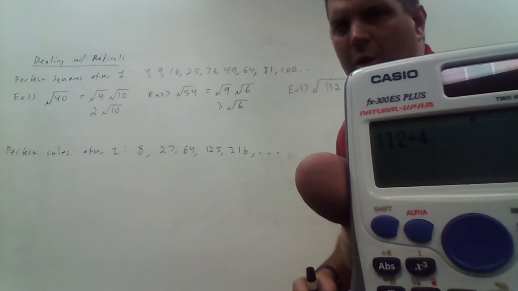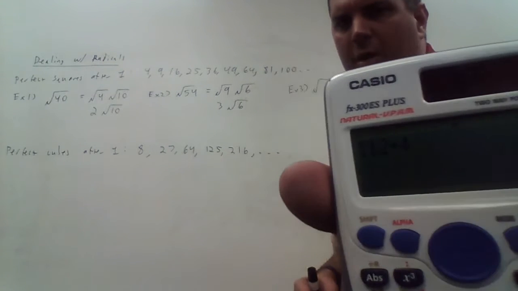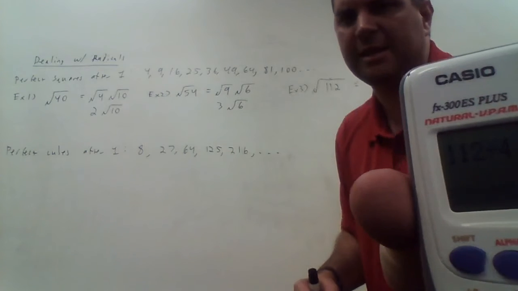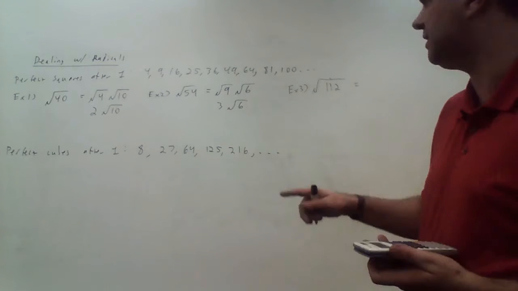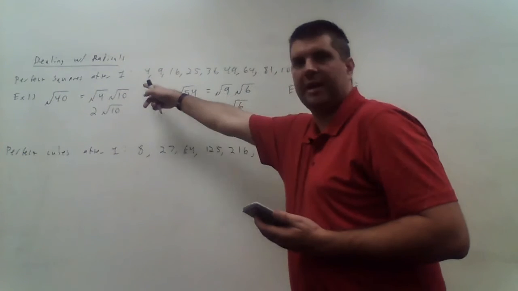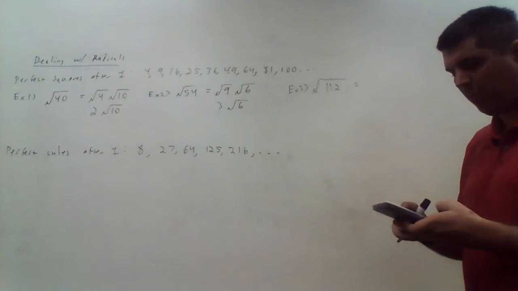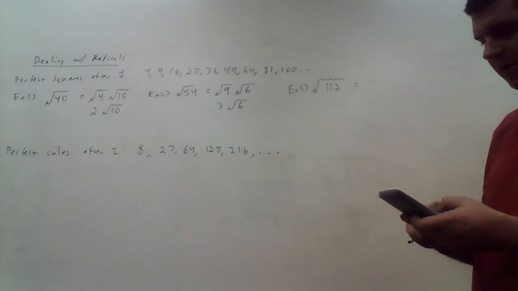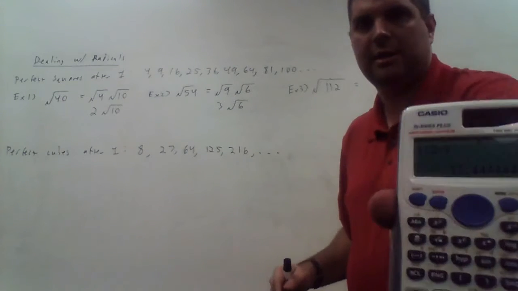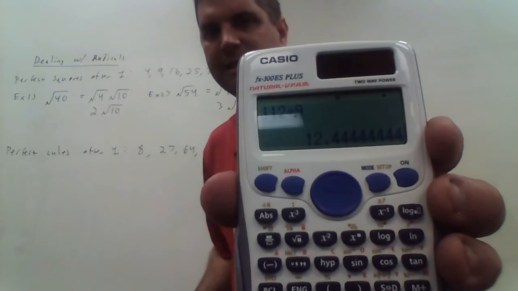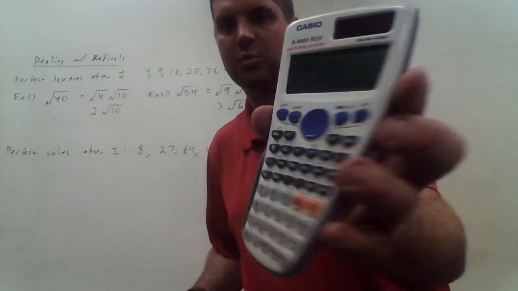Well, 28 is divisible by 4, so I didn't go high enough. So now I'll try dividing 112 by 9. Well, it doesn't divide evenly, so that doesn't work.